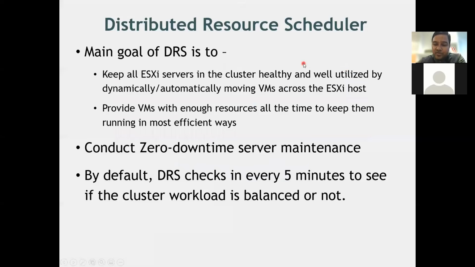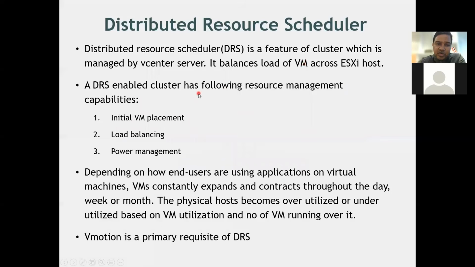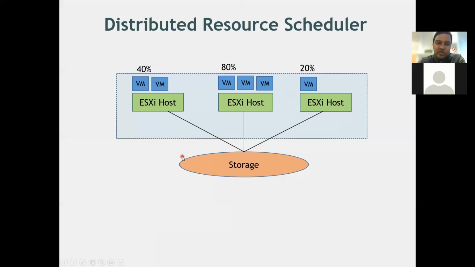So the main goals: one is virtual machine placement. The other is load balancing, as we saw in the previous slide. And it also does power management. Now, how is power management useful?